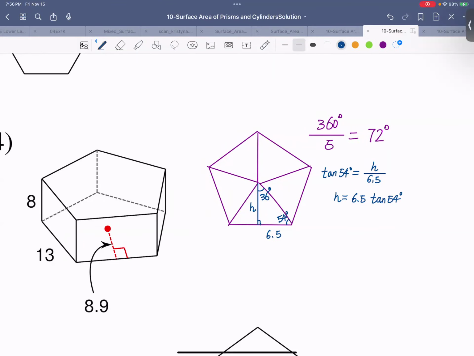Yeah. So we got the H, and then each triangle area becomes 6.5 times H over 2, so you have 1/2 times 13 times this. Okay. Yeah, H is 6.5 times tangent 54.